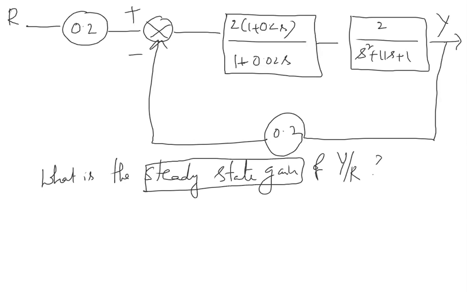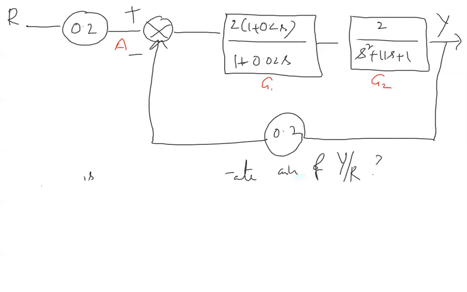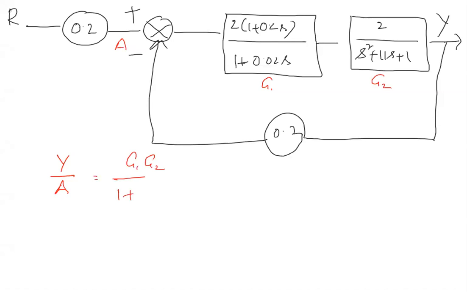Derive the transfer function. For derivation, let us assume that this is G1, this is G2. Let's put one variable here, A. It is a standard loop, correct? So I can write Y by A as G1 G2 divided by 1 plus 0.2 into G1 G2. What is A?